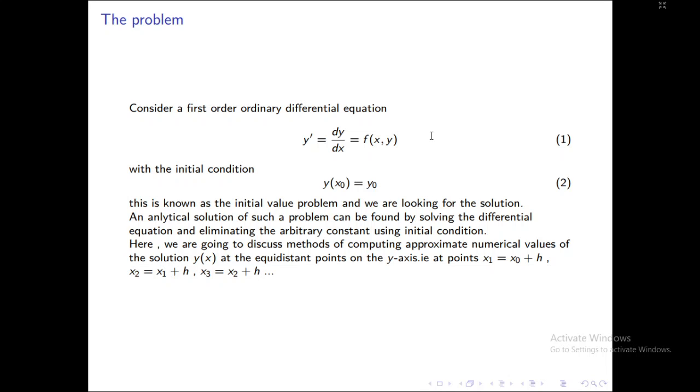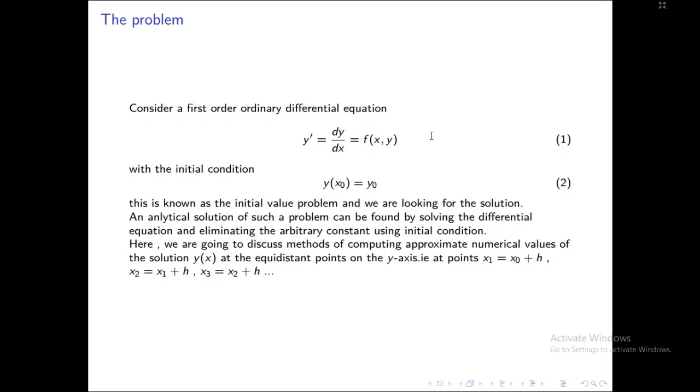First, solve the differential equation dy by dx is equal to f of x, y using some analytical methods which we had discussed in the class of ordinary differential equations in previous semesters, and that solution may contain a number of arbitrary constants, and those arbitrary constants can be eliminated using the initial condition y at x naught is equal to y naught. So that is how we calculate an analytical solution for a differential equation.